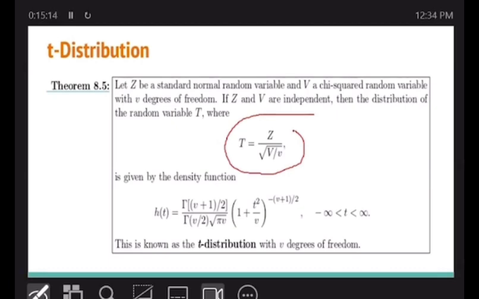Now, with this degree of freedom, in order for this not to confuse you, let me use something instead of small v so that you don't confuse this with this. This is a chi-squared. This is the degree of freedom. Maybe I should call this R. Let me call that small one R. And you know f of v.